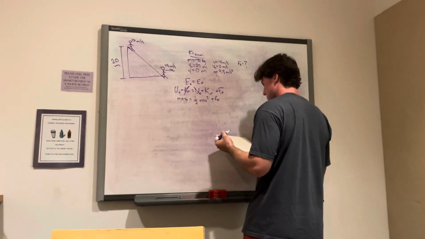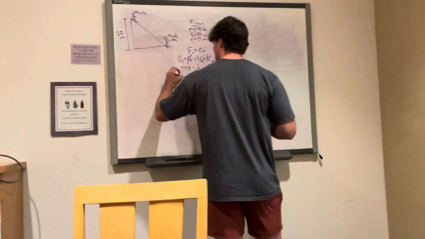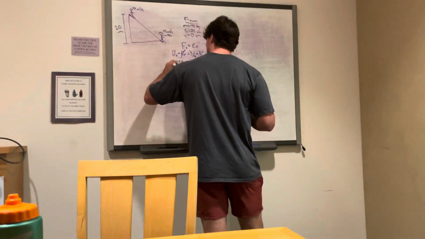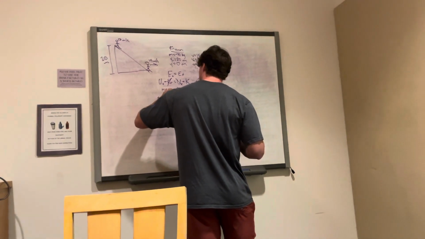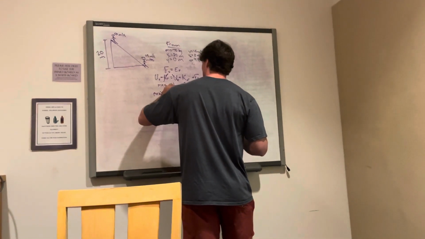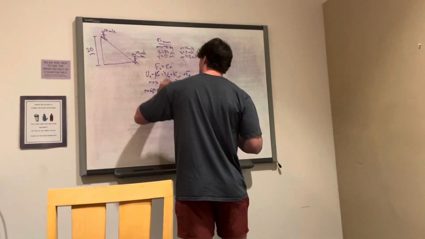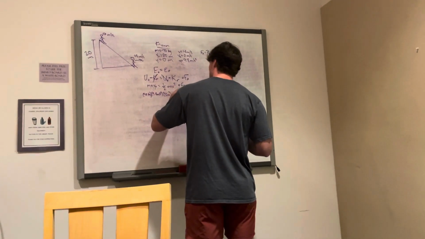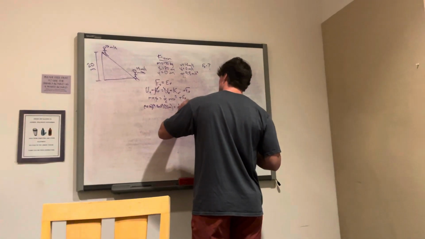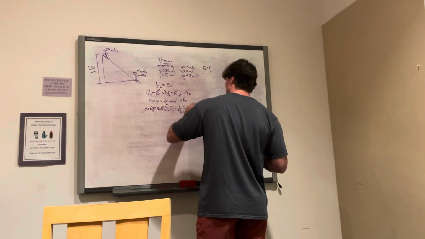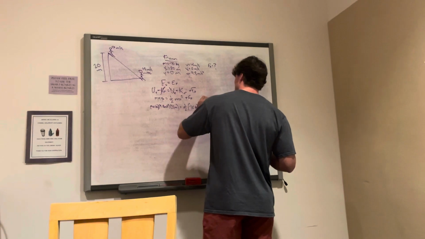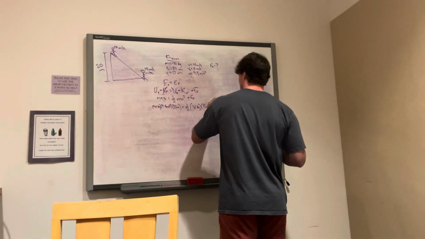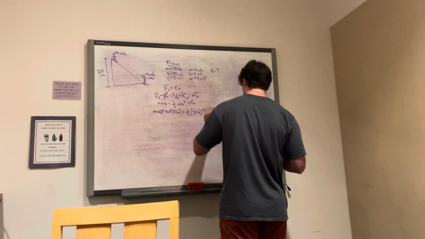So now we can input our values that we know. We have 70 kilograms for the mass, 9.8 meters per second squared for gravity, and an initial height of 20 meters, which will equal 1/2 of the mass of 70 kilograms and the final velocity of 15 meters per second, which will be squared, plus the force of friction.